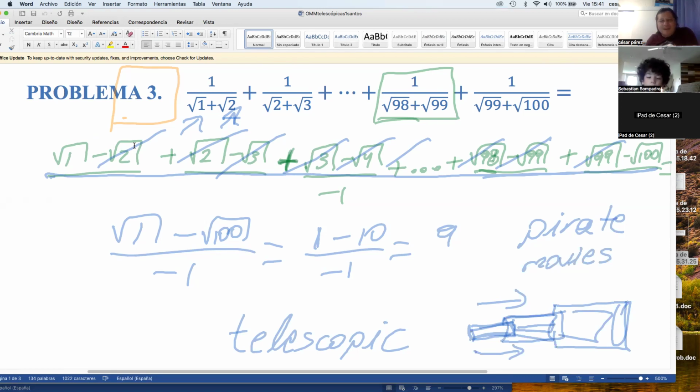Do you understand my idea? So this part goes into this part and they disappear.